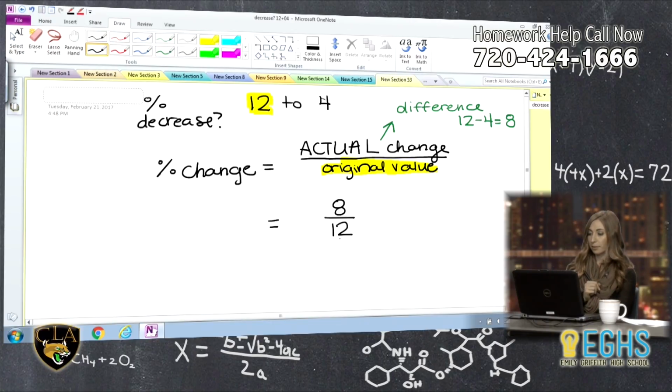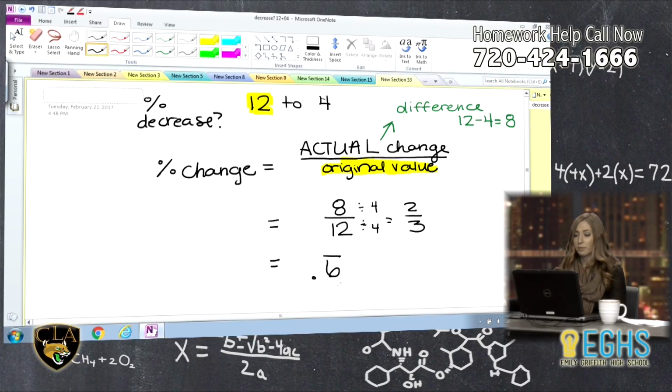So that is our fraction of the amount that it changed, 8 out of 12. Then we turn that into a percent. One way to do that would be to turn it to a decimal first. This is the same as 2/3, really, which is 0.6 repeating.